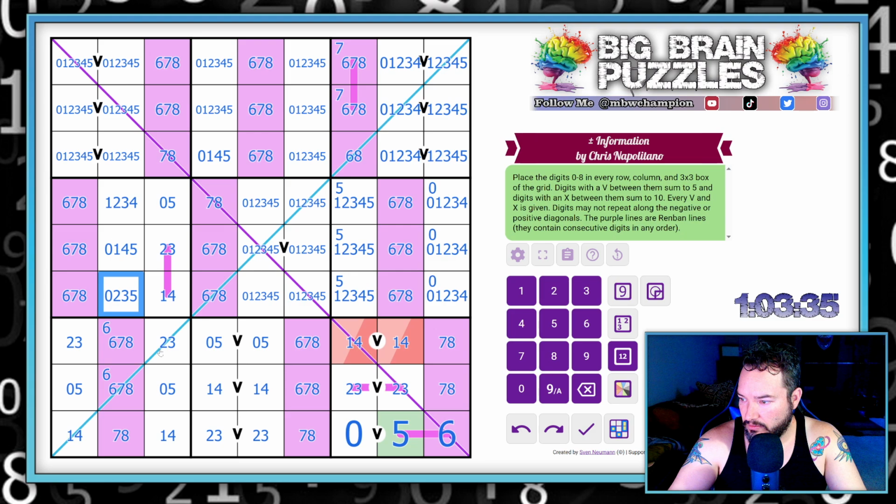All right. I don't know what direction this goes in yet, but that's okay. We don't know which 0, 5 is here either. But we know it will be opposite here.